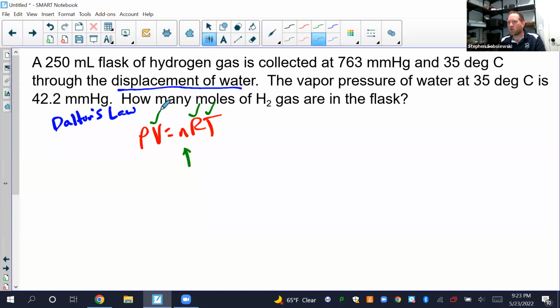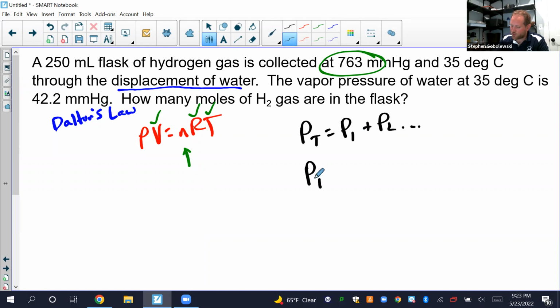What it says is you collect this gas at this pressure, but through water or over water or through displacement of water. If you collect a gas through water, some of that gas is going to be water vapor that you need to account for and subtract out. According to Dalton's law, total pressure is pressure 1 plus pressure 2. These are partial pressures and so on.